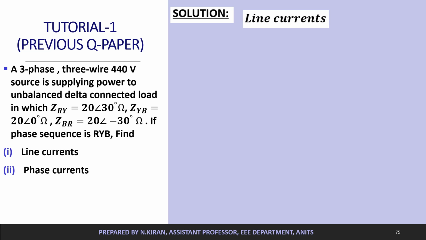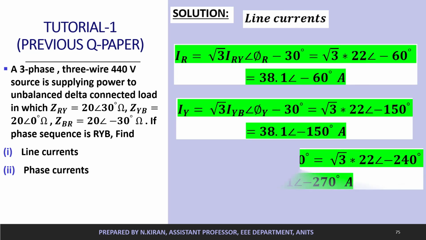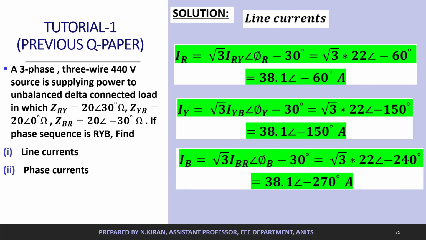Line currents: since this is a delta connected system, the magnitude of line currents is root 3 times the magnitude of phase currents, and every line current will lag behind by 30 degrees from its respective phase current. So from that, IR, IY and IB line currents can be calculated.